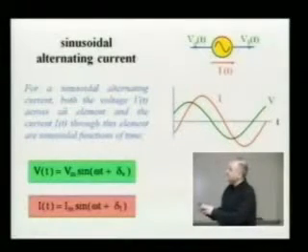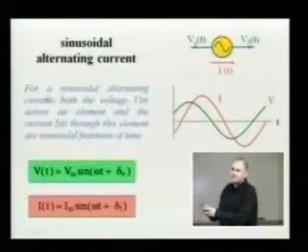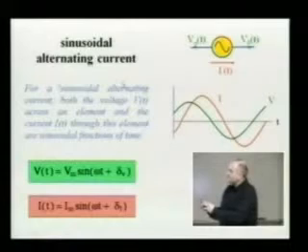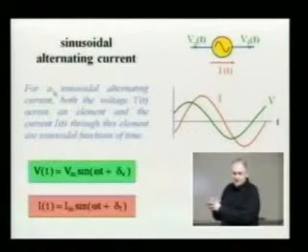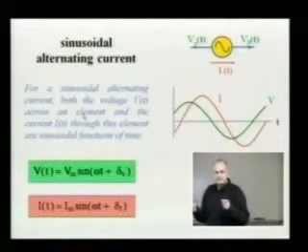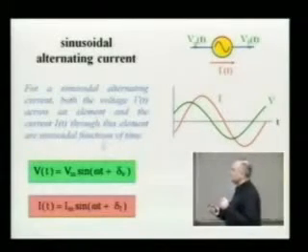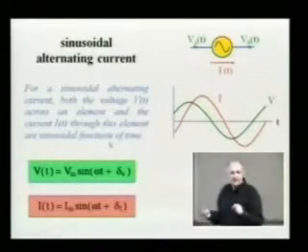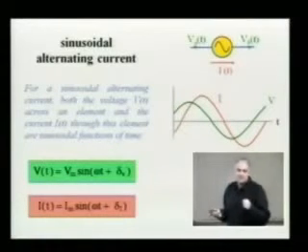Therefore, also here, a sinusoidal alternating current, this AC current, is the flow of charged particles. If it is a sinusoidal flow of charged particles, voltages across elements and currents through those elements are going to be sinusoidal functions of time.